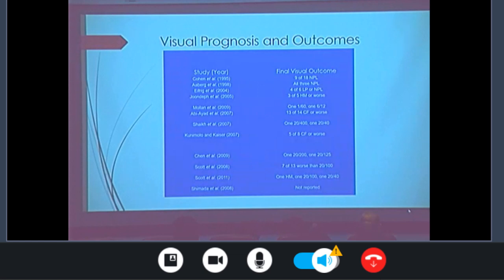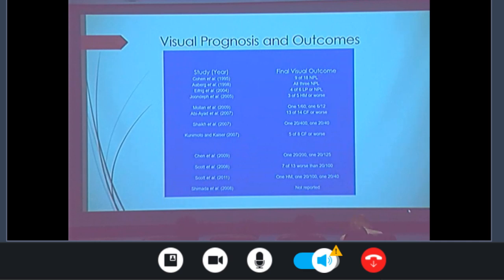Now, as I've mentioned several times during the lecture today, the visual outcomes in these eyes are generally worse than in other types of postoperative endophthalmitis. Here, we see how the range goes, in a very fortunate case, from 20/40 all the way to no light perception.